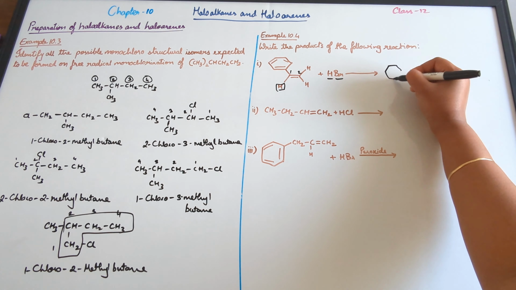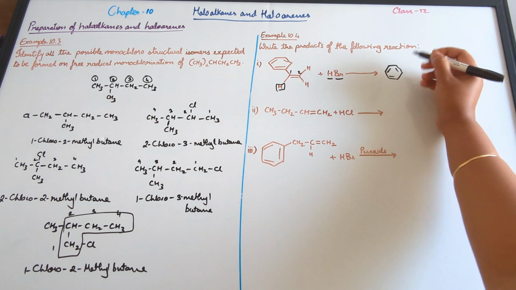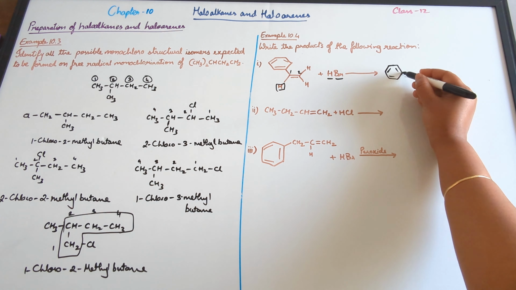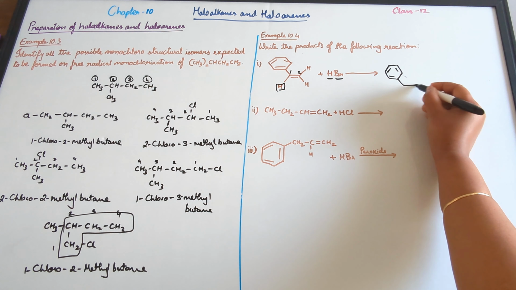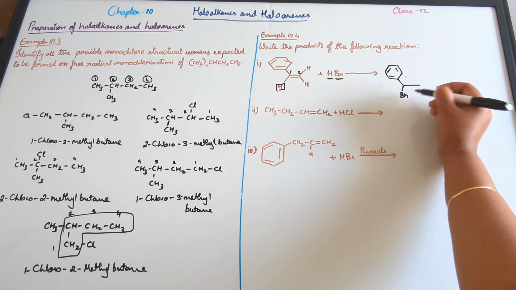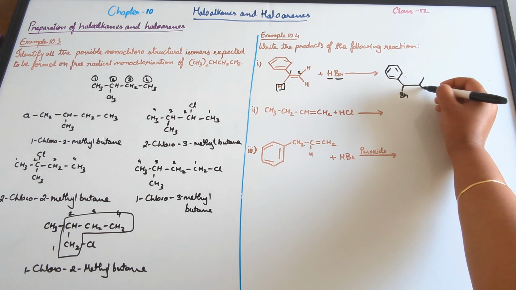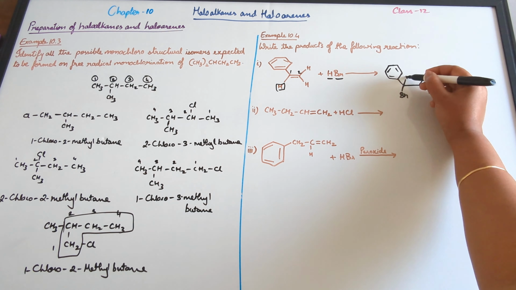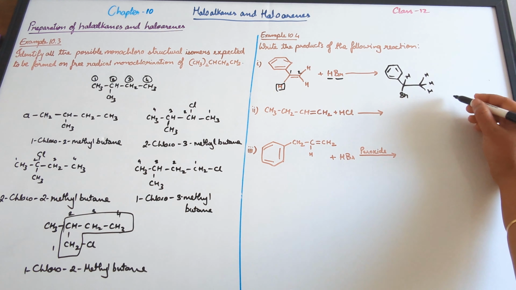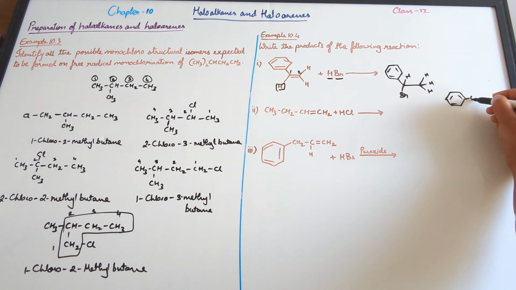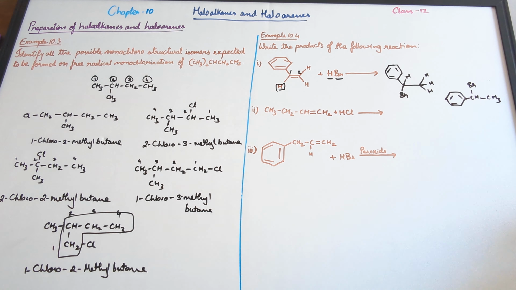So you have a benzene ring, and to this carbon you have a bromine attached, whereas this carbon has hydrogen atoms attached to it. Or we could also write it as CH, CH3, Br. That's it.